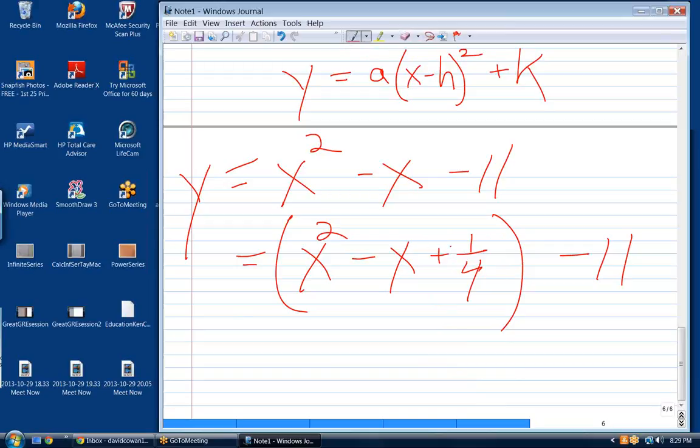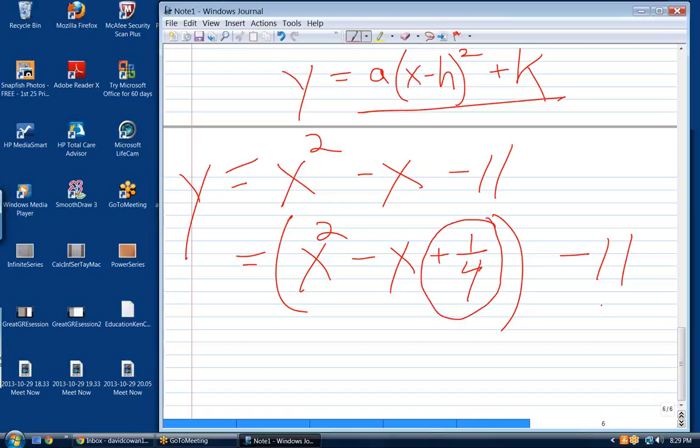Now, this is a little different than the problems we did earlier because my number was always on the other side of the equation. So to balance out, I did the same thing to the other side of the equation. Well, this one I want to leave everything on the right side because I'm trying to get to that format there. So I'm not going to move my 11 anywhere, but I just added 1/4 to the equation.